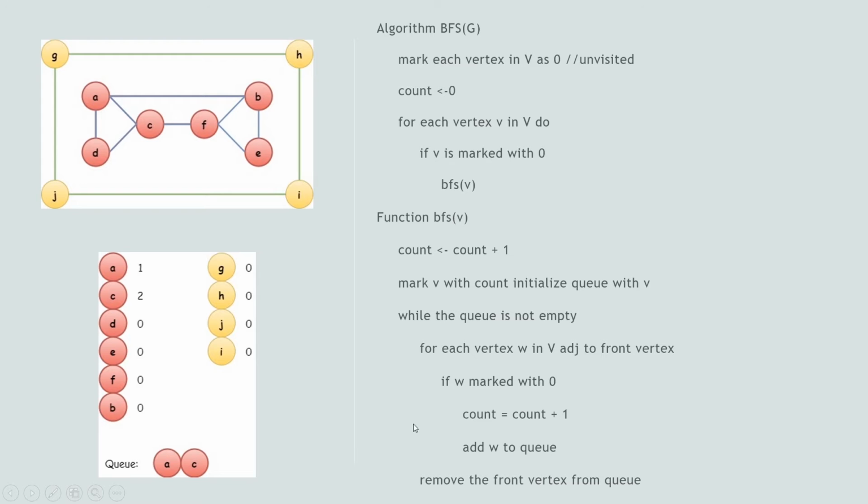Once the queue is empty, we go out of the while loop. Then we go back here and check whether any vertex is marked as 0. If so, we call the breadth-first search function again, and repeat the steps until there is no vertex marked as 0.